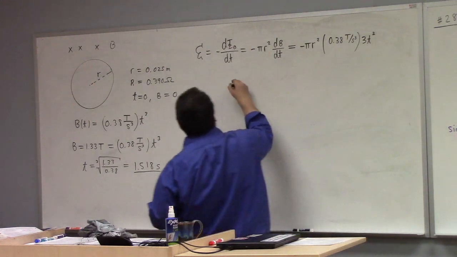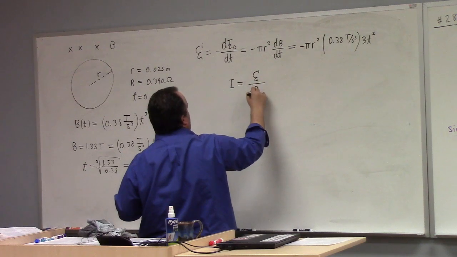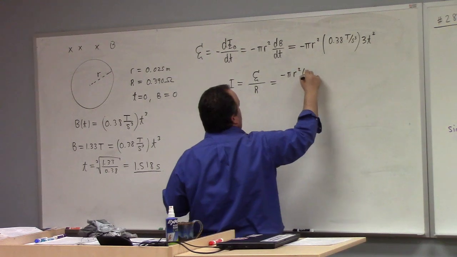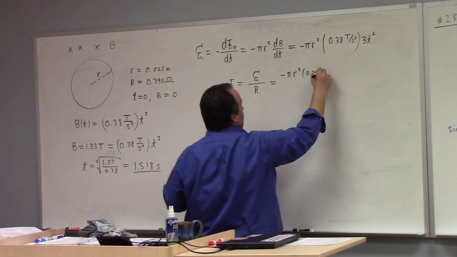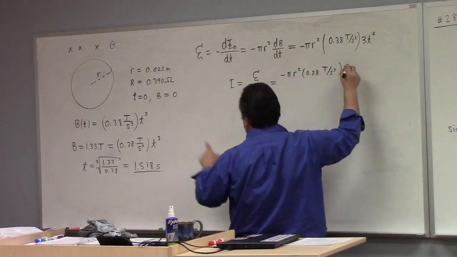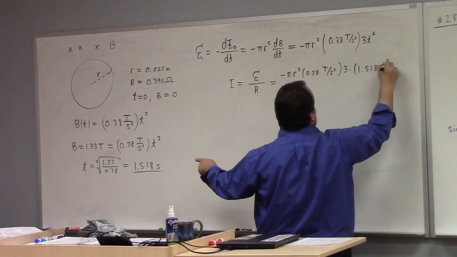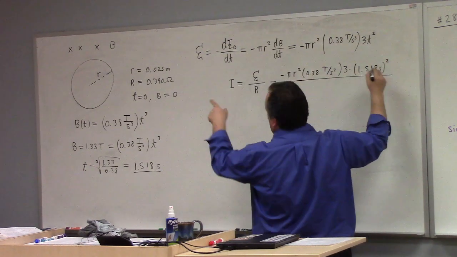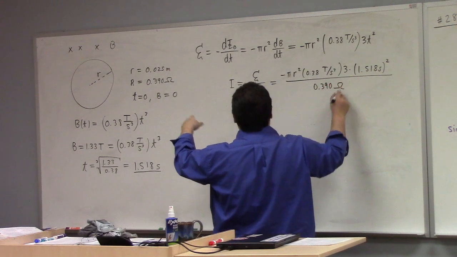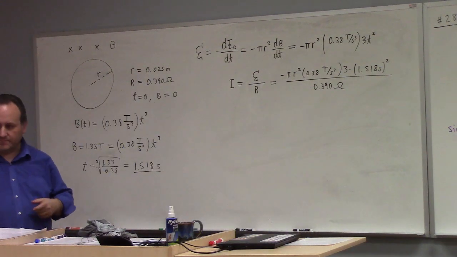The current, which is what we're asked for, is the voltage divided by the resistance. So we do minus pi times r squared times 0.38 Teslas per second cubed times 3 times the time we found, 1.518 seconds squared, all divided by the resistance, 0.390 ohms. That's how you do this problem.